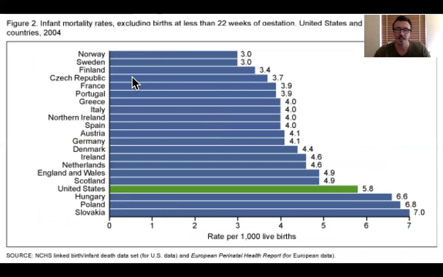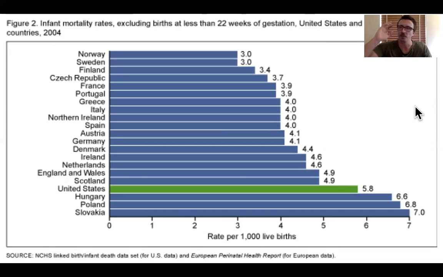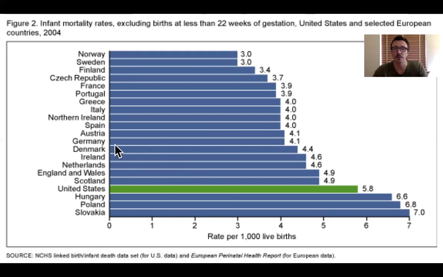Now, I like to bring it home sometimes, because a lot of times we're obsessed with talking about other countries and how the infant mortality rate could be so high in these countries. Well, look at these. These are developed countries, right? And so these countries up here have relatively low infant mortality rates. A country like Norway, only 3 births per 1,000 die before their first birthday.